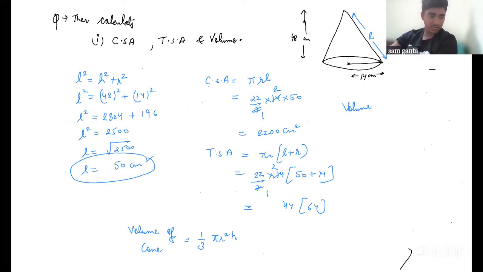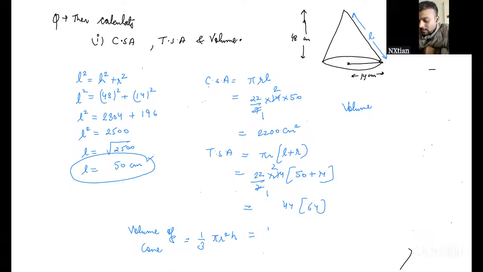Sir, can you do the volume one, sir? I wanted to know how you solve the volume one. See, volume: 1 by 3, I will write 1 by 3. Pi, I will write 22 by 7. r can be written as 14, so r square is given. So r square into h, which is 48. Do you understand?